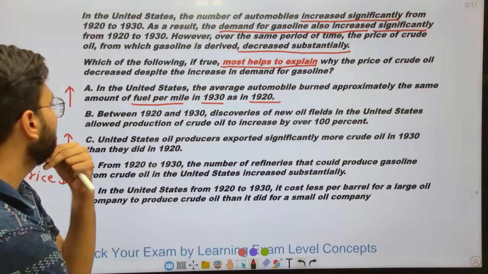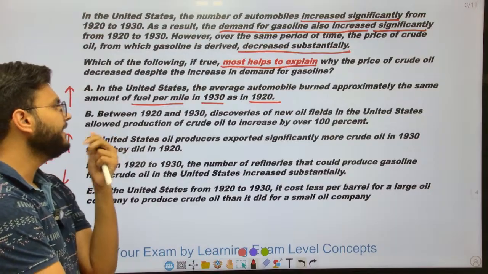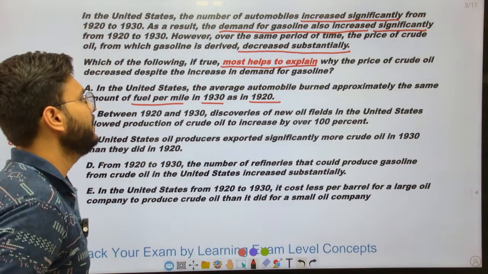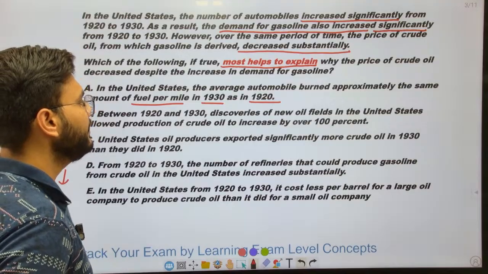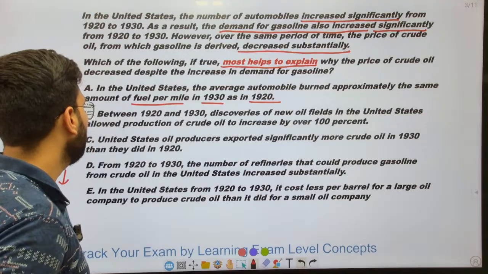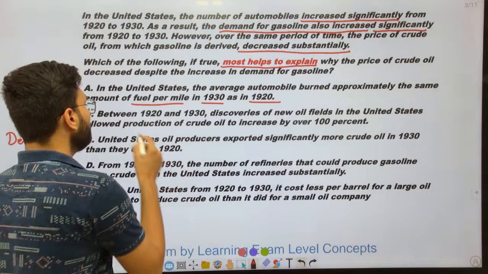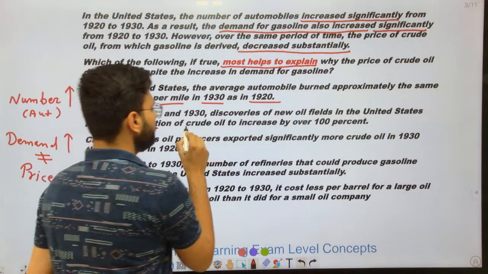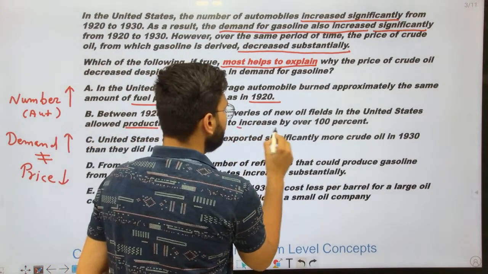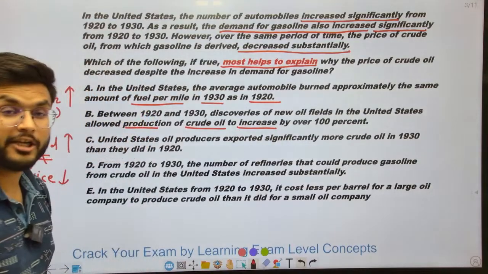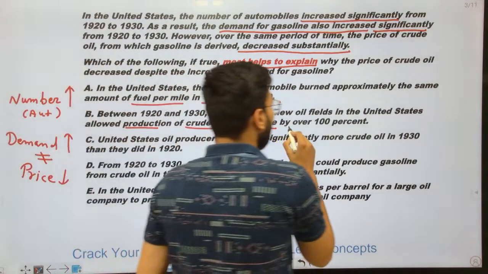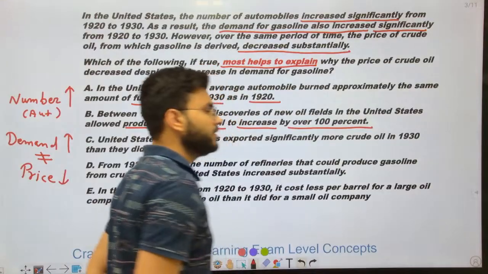Okay, next option. Between 1920 and 1930, discoveries of new oil fields in the United States allowed production of crude oil to increase by over 100%.